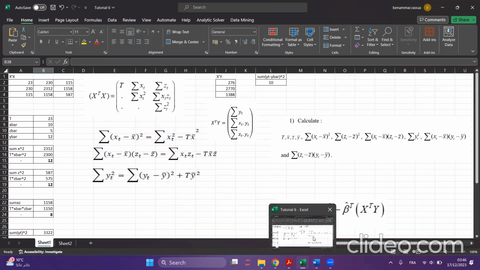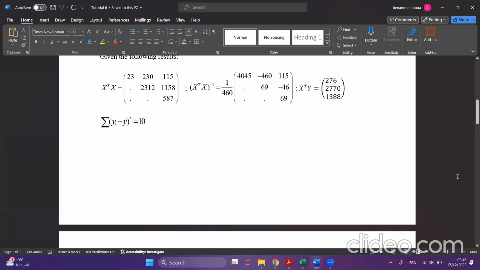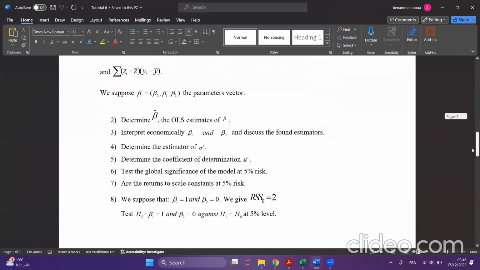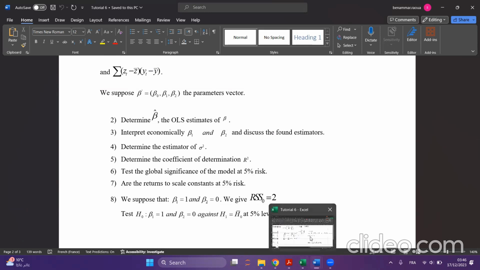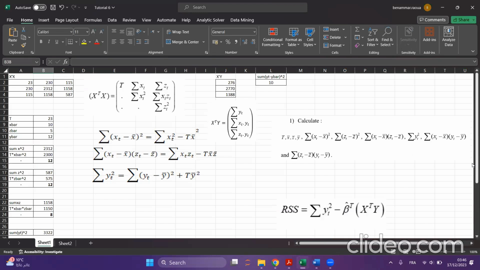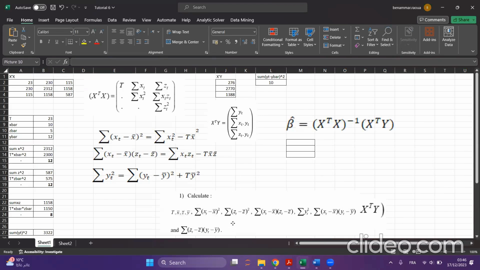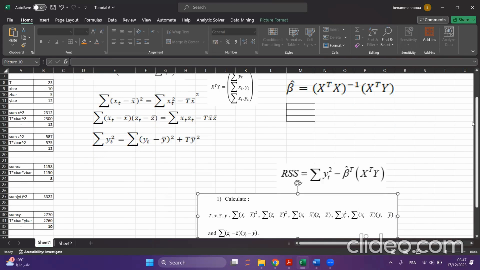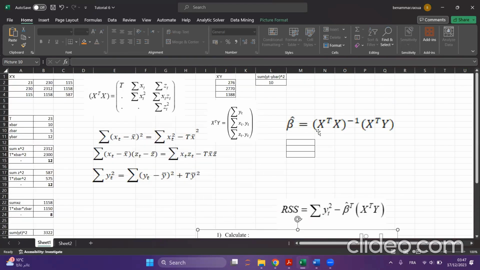Let's look at the second question. So we are supposed to determine the beta OLS, which are the estimates of the regression coefficients. As we've already discussed before, the beta hat, the beta OLS, is found using this formula. It's XTX inverse by XTY.